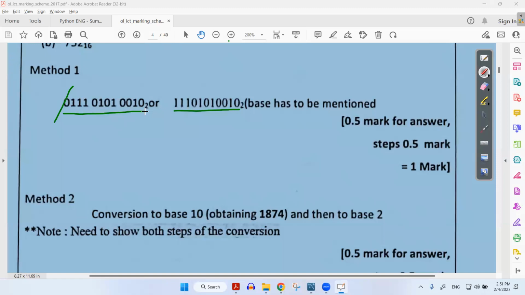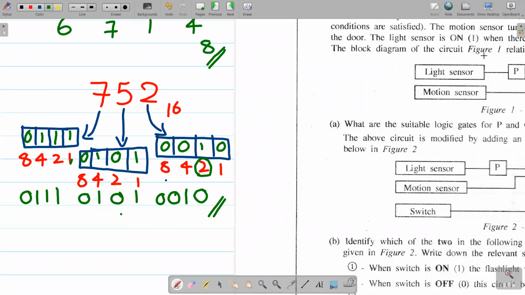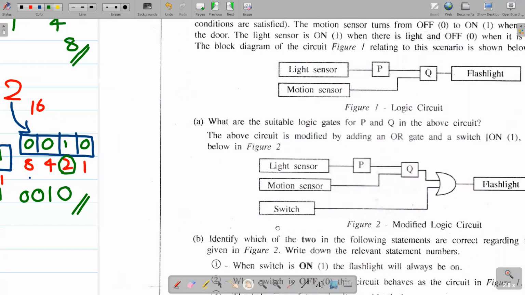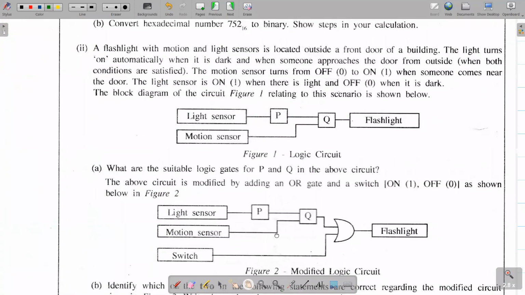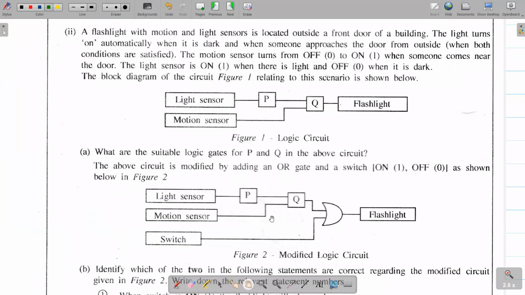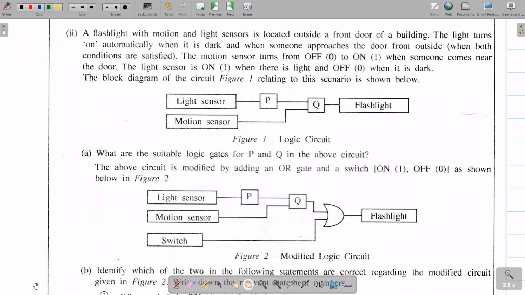Then the next one. So the next question is about the gates question. A flashlight with motion and light sensors is located outside a front door of a building. The light turns on automatically when it is dark and when someone approaches the door from the outside, when both conditions are satisfied.